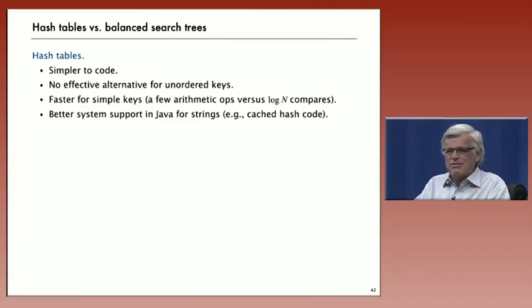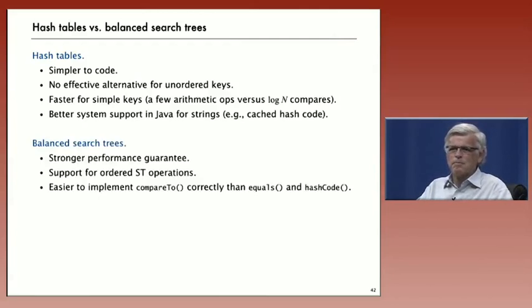And it'll probably be faster for simple keys to use hashing. It's a few arithmetic operations to do the hash versus log n compares for the balanced tree. And there's some better system support in Java for strings. That cached hash code means that you don't even have to compute the hash if your symbol table for strings is in an inner loop.